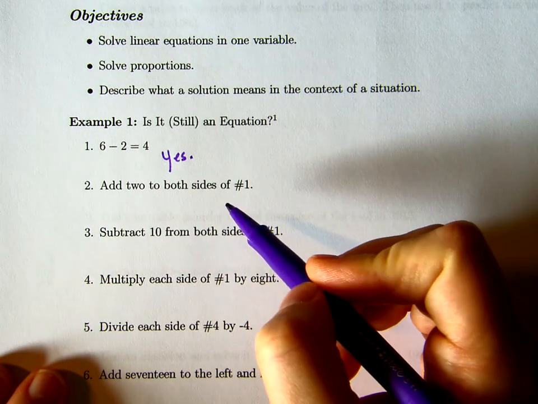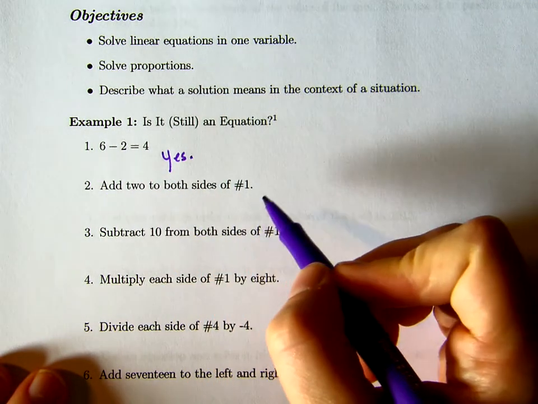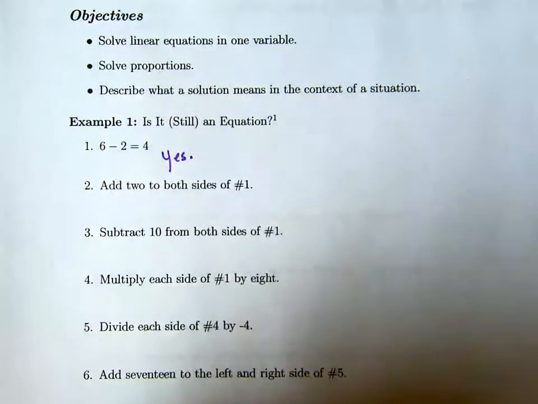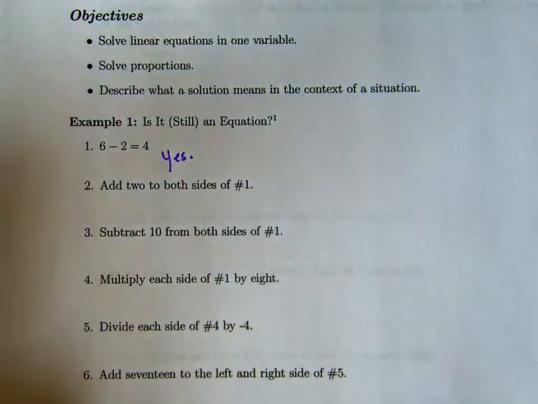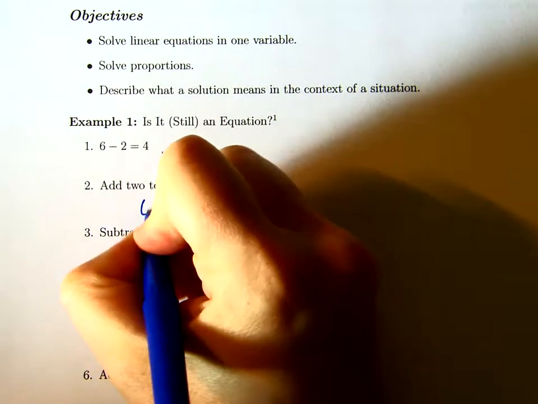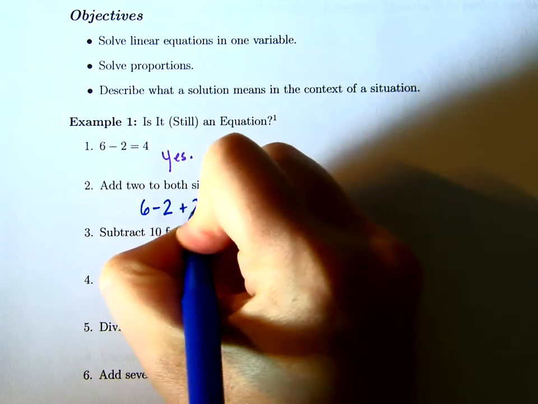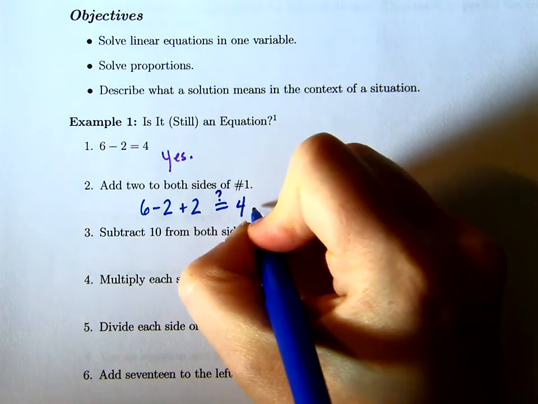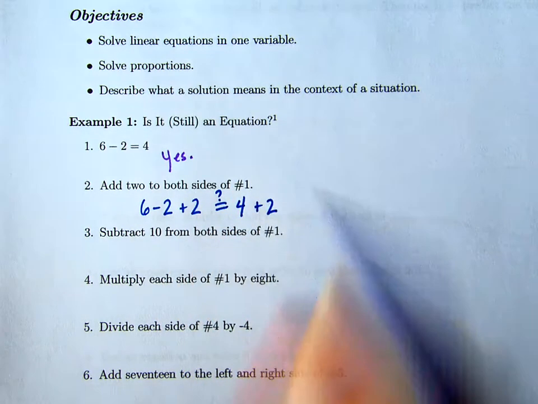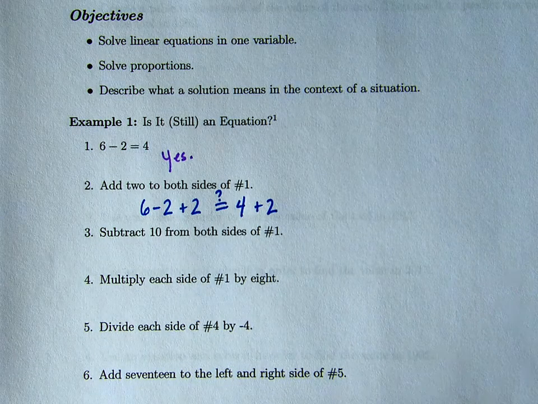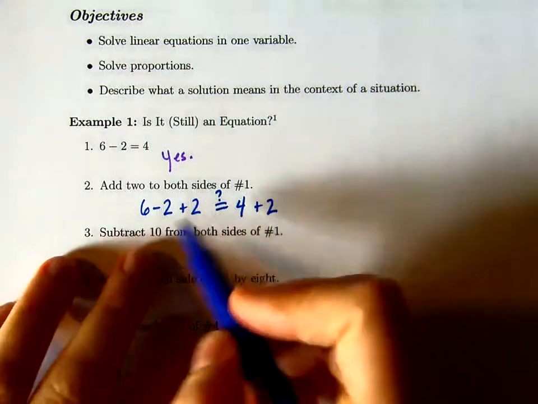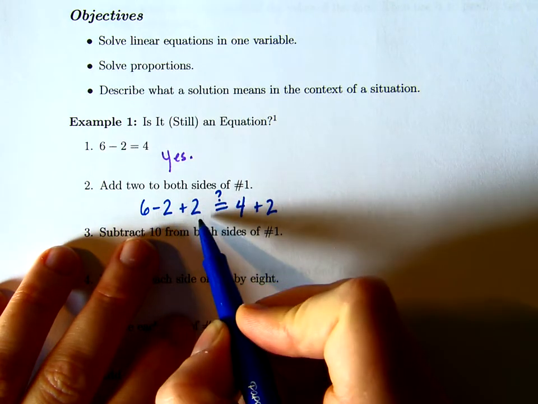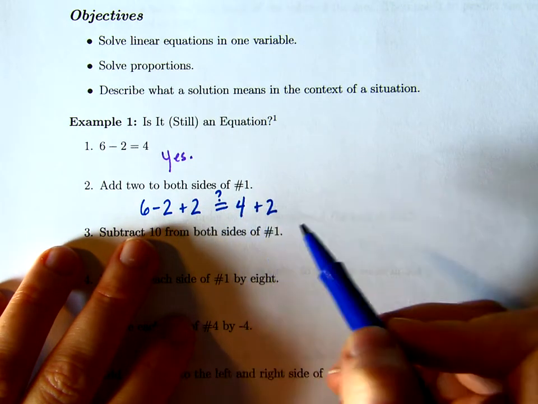Add 2 to both sides of the equation in number 1. So let's go 6 minus 2 plus 2, and 4 plus 2. Well, 6 minus 2 plus 2 is 4 plus 2, which is 6.